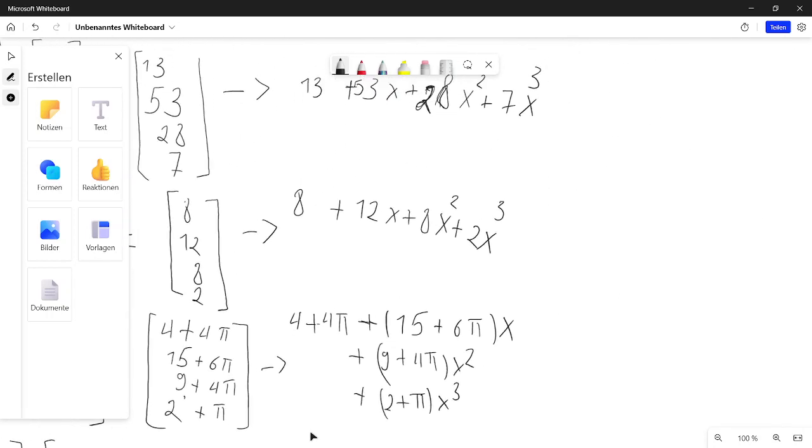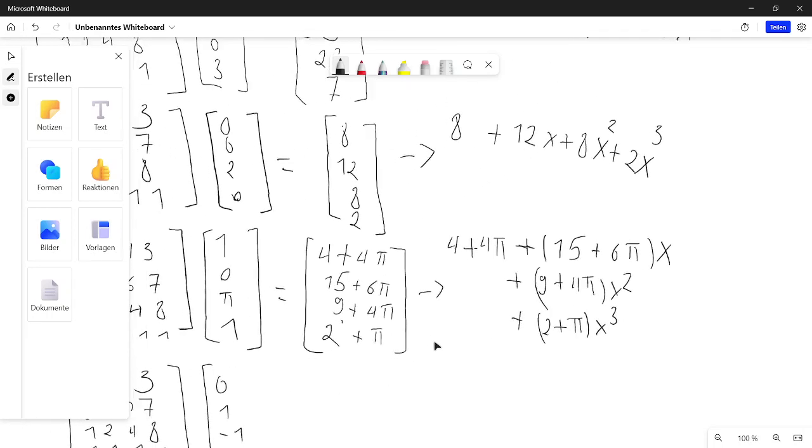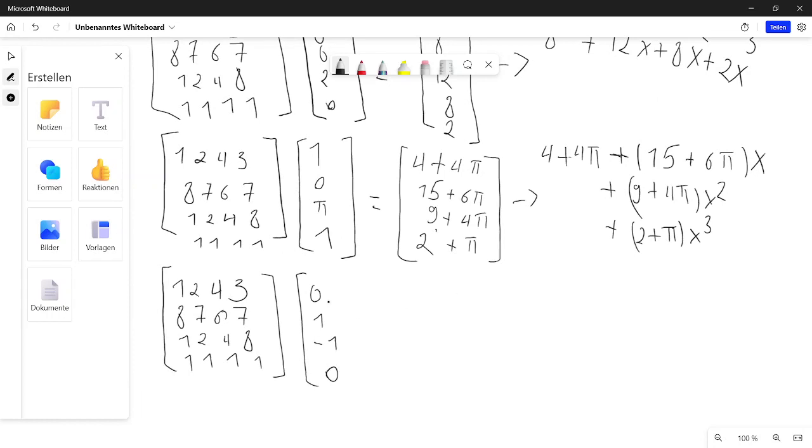So x minus x squared plus x minus x squared plus x. And this gives minus 2, 1, minus 2, 0, which gives minus 2 plus x minus 2x squared.